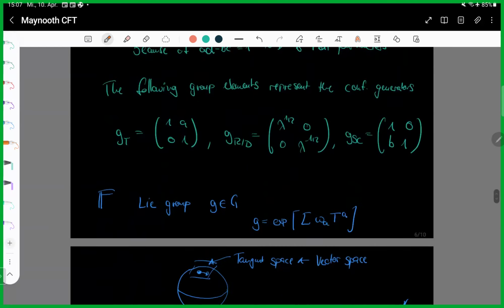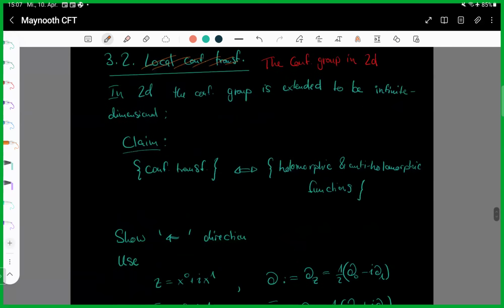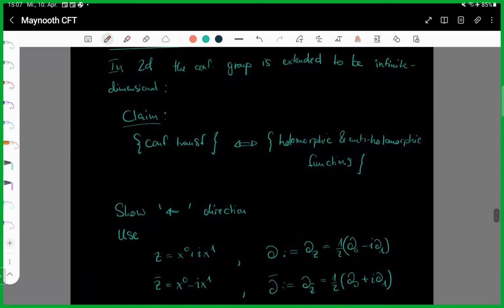And what else did we do? Okay, right. And then we started talking about the actual, I guess, most crucial part of yesterday, or the most non-trivial thing of yesterday, which is the claim that conformal transformations in 2 dimensions are actually holomorphic and anti-holomorphic functions.